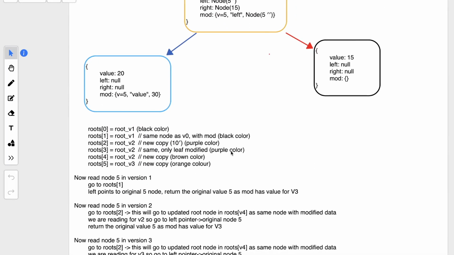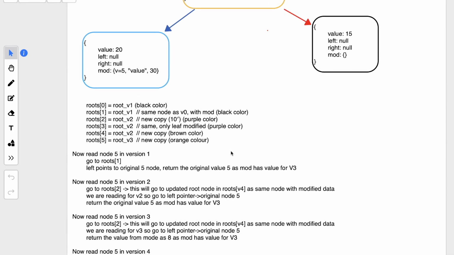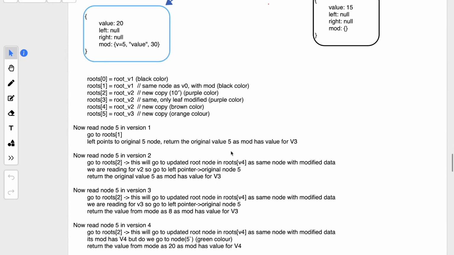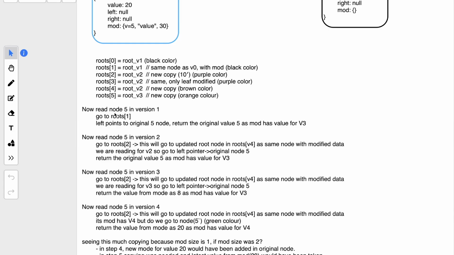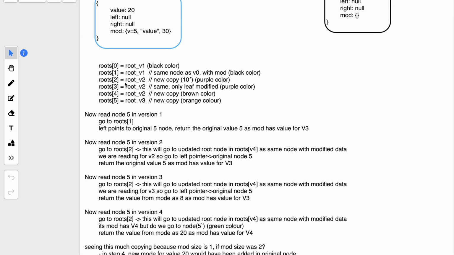Now let's see how you read the different versions here. Let's say you want to read node 5 in version 1. In version 1 our root node is this one, the black one, right? So we go to the root node of this version 1 and its left pointer.